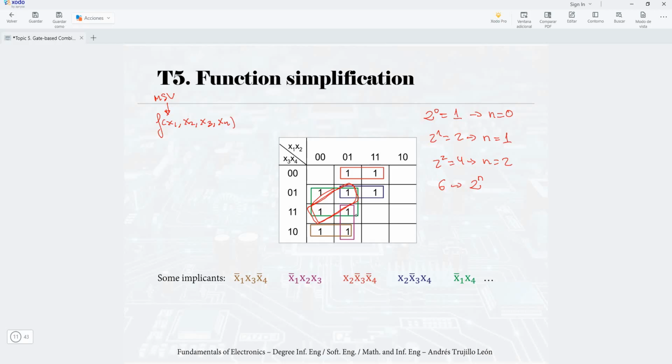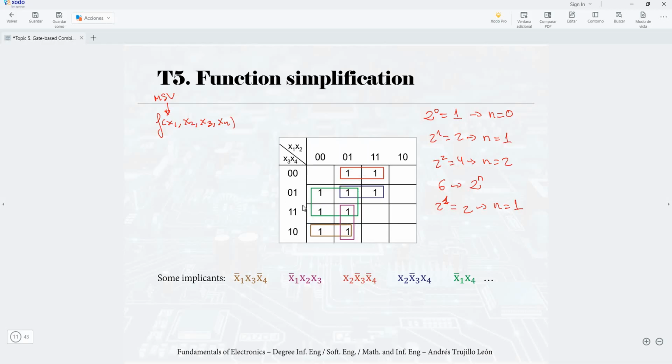So in this case, we may have a number that is 2 raised to something, sorry, is 1. But we are not fulfilling this because inside this group, this cell is not adjacent with any other cell, and this cell either. So it's not an allowed group of ones.